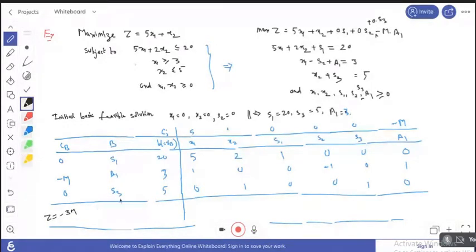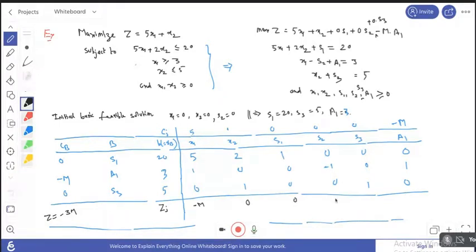Now we find the value of zj. Multiply with 0, this is minus M; multiply here, this is 0, again 0.